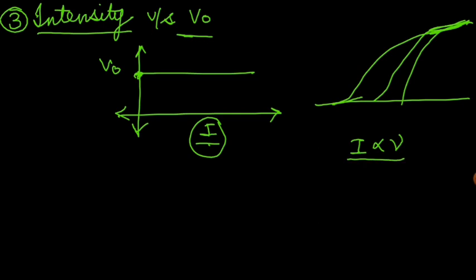So you might think that if frequency and stopping potential have some graph, then definitely intensity and stopping potential should also have the same type of graph. But this is not possible. Here we can see that the intensity is independent of the stopping potential, or for a fixed value of stopping potential, there is no effect of intensity on that stopping potential.